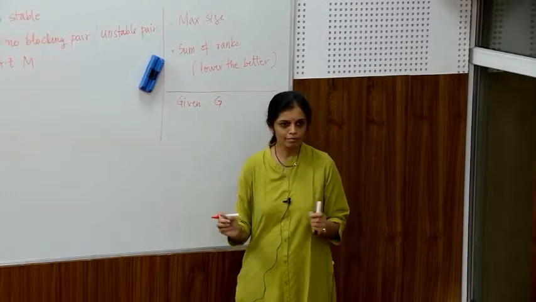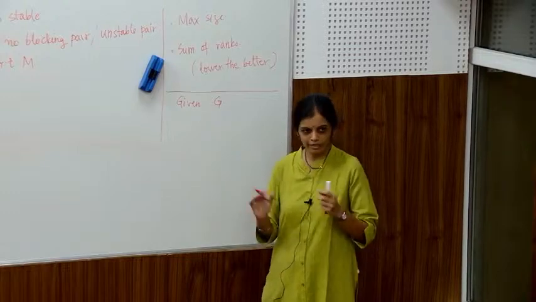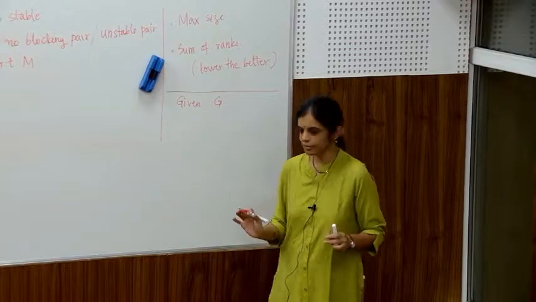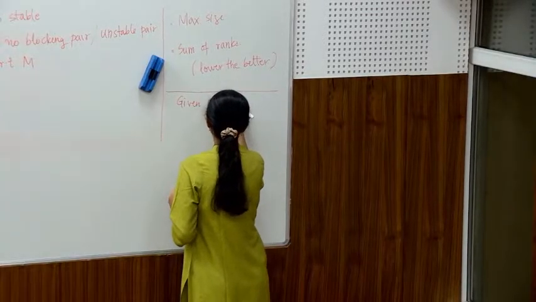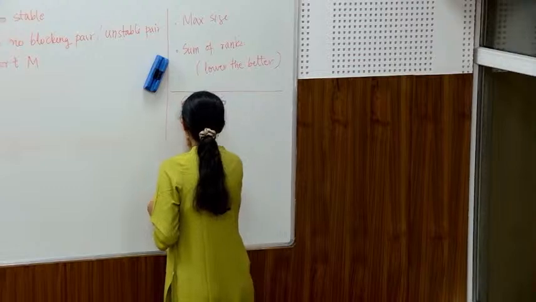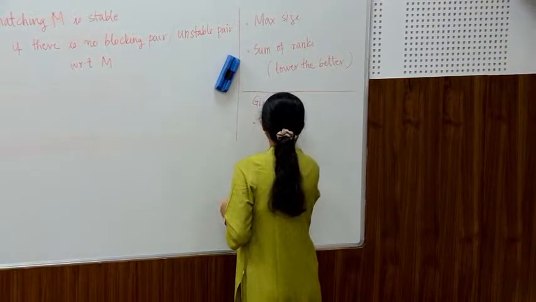So you cannot just manually eyeball things. So we need to have a proper algorithm and an implementation which will actually automate all of these things. So given an instance G of this problem, a natural question is: is there a stable matching?